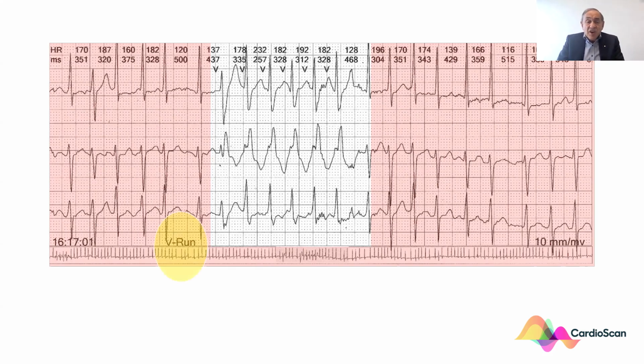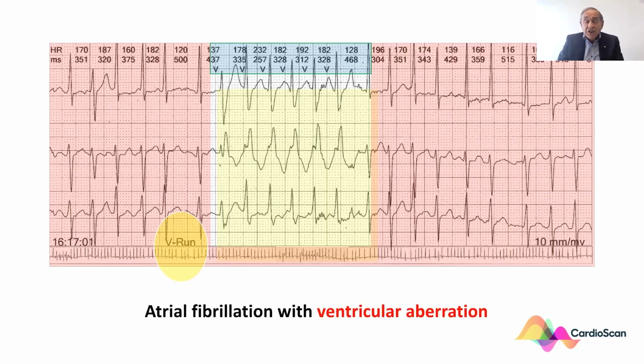It has been diagnosed as ventricular run or ventricular tachycardia. It too is slightly irregular, as can be seen with the blue highlight. But is this in fact ventricular tachycardia? It isn't, and it is ventricular aberration, atrial fibrillation with ventricular aberration.